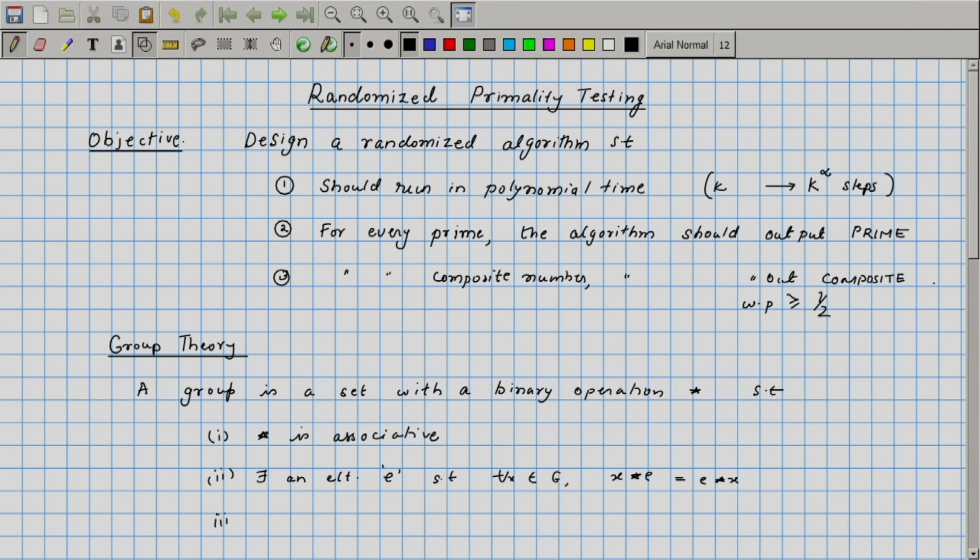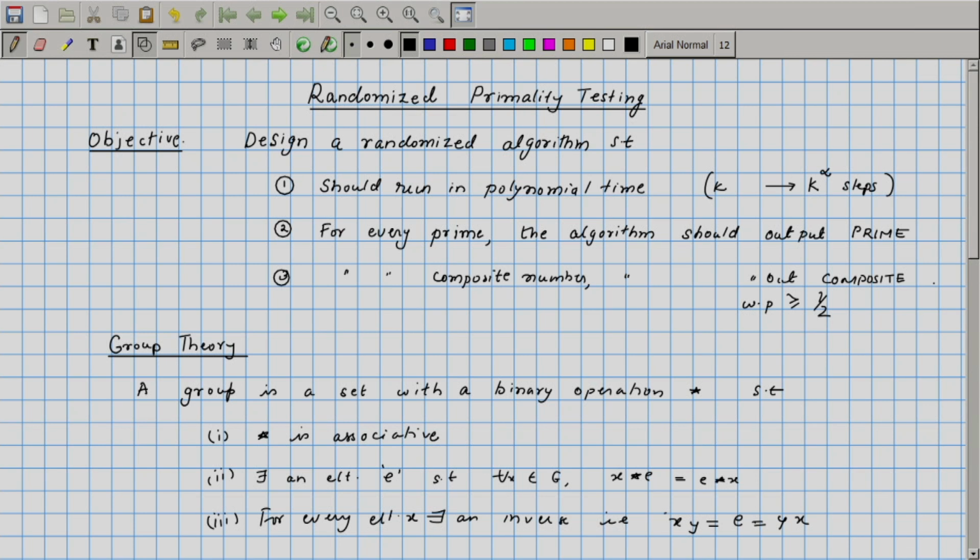And the third requirement is that for every element there exists an inverse, that is, there is an element y such that x y is equal to identity, and that is equal to y times x as well. So, a binary operation which has these three properties is called a group.